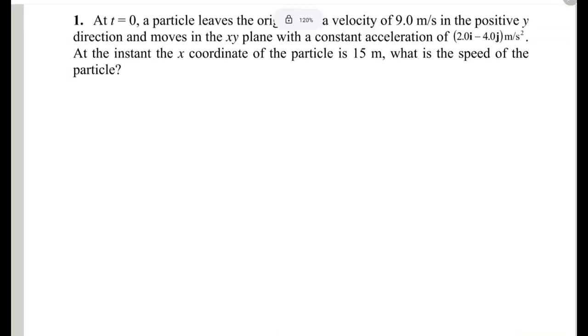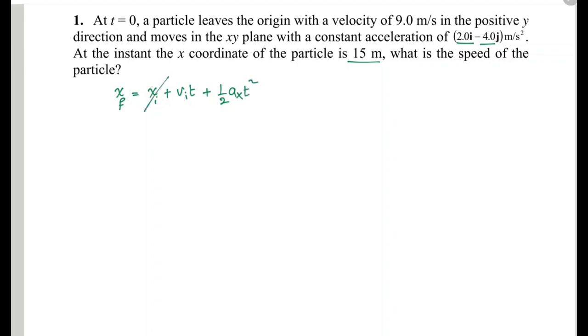So here's the situation. A particle is moving with x and y accelerations, and the x-coordinate for the particle is 15 meters. Now we look for the speed of that particle. Let's solve this one here. X final equals x initial plus v initial t plus half ax t square.